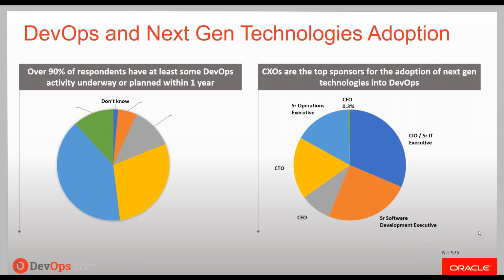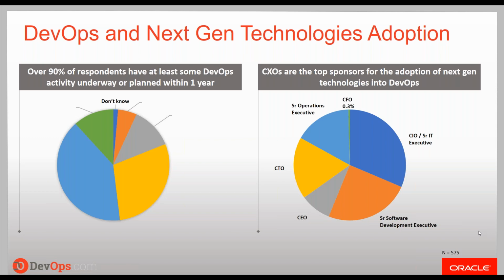Over 90% of respondents have at least some DevOps activity underway, or they're planning to do so within 1 year. So the argument that DevOps is still a niche gave way in 2017, and as we enter 2018, there's little doubt that DevOps is mainstream.